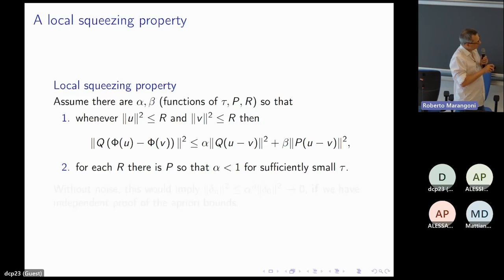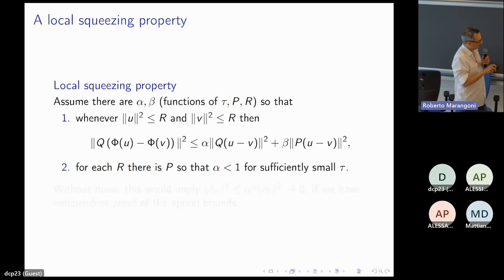The local squeezing property says that the error in the high modes, so Q, remember, is the projection onto the high modes or the small scale features, is estimated by the error in the high modes of the previous step times alpha plus the error in the low modes at the previous step.